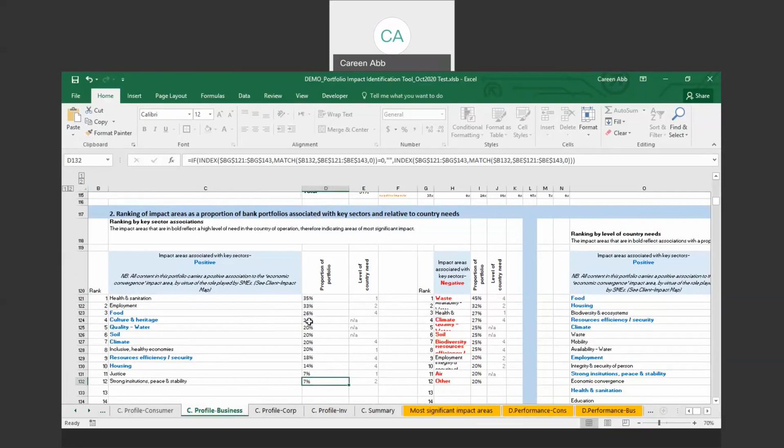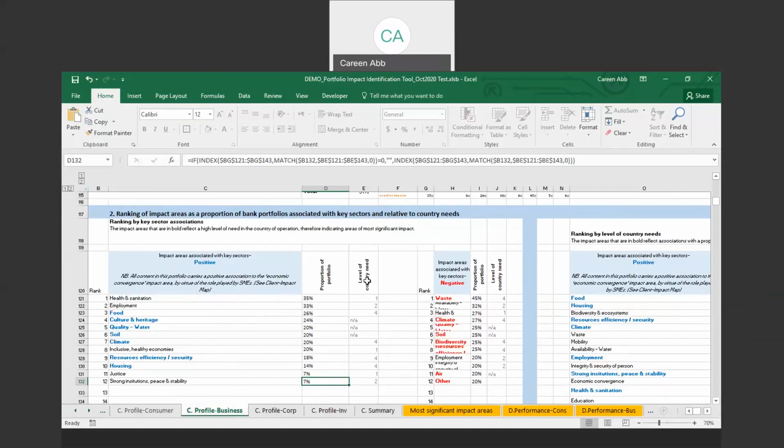So this is dictating the order in which these impact areas arise. So here we are seeing that in terms of positive associations, health and sanitation comes top in terms of the portion of the portfolio that is associated or where there are potential positive impacts for health and sanitation.